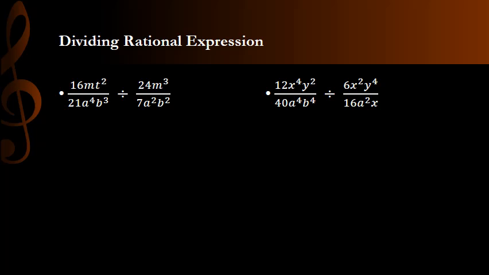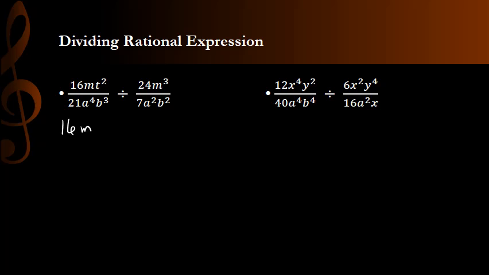We got 16mt squared over 21a to the 4th b cubed divided by 24m cubed over 7a squared b squared. So let's start on this, and let's at least get it written.